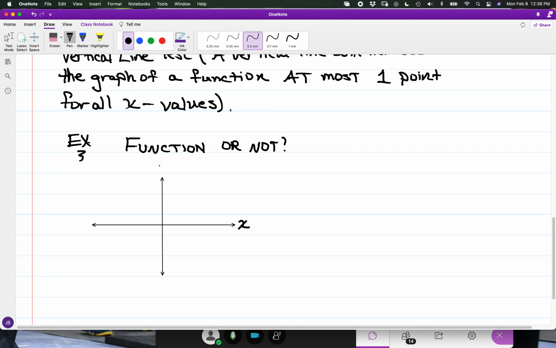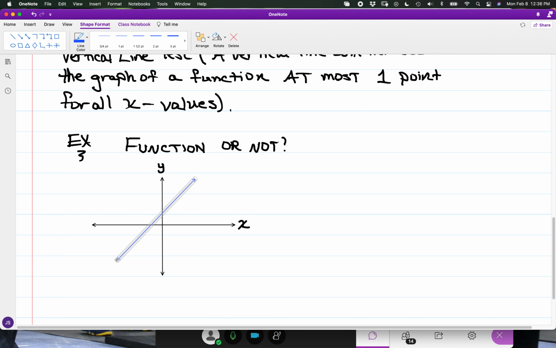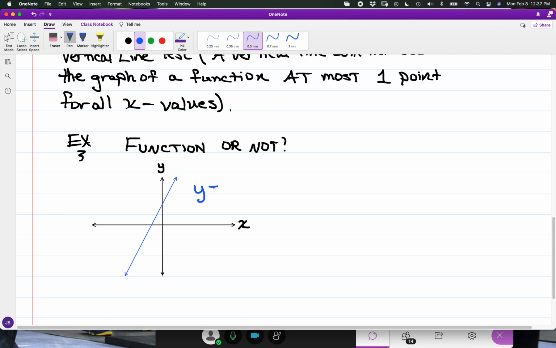X runs horizontally, the y-axis runs vertically. And we'll say that we have a function or non-function, and we can say we have y is equal to f of x, and I'll get into the f of x details in a moment, but you're looking at y is equal to 2x plus 4.